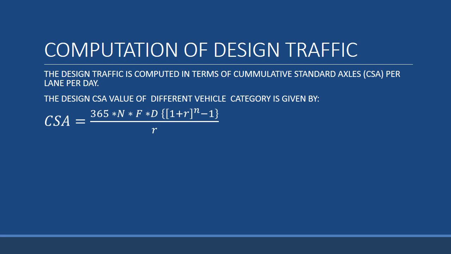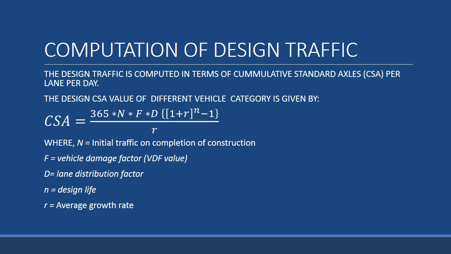Here capital N is the initial traffic value, F is the vehicle damage factor, D is the lane distribution factor, small r is the growth rate, and small n is the design life. We have to substitute all these values and find the CSA value. Later, for this CSA value and the CBR of the soil subgrade, we are going to use the CBR design chart. So now let's see what the CBR design chart is.